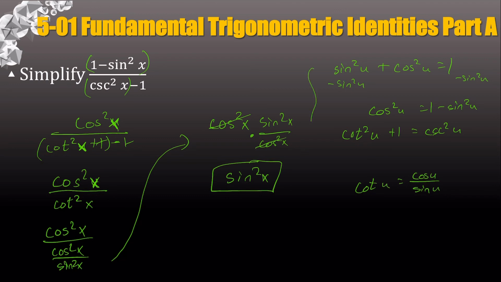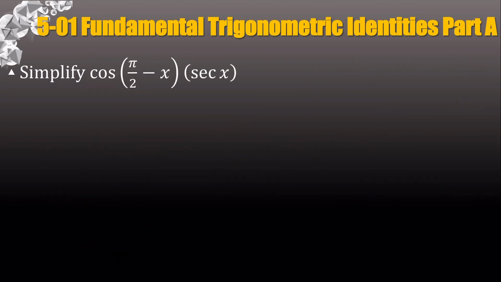Let's try one more. All right, so identities. We know that cosine of pi over 2 minus x, or u, equals sine. So that first part is simply sine of x.